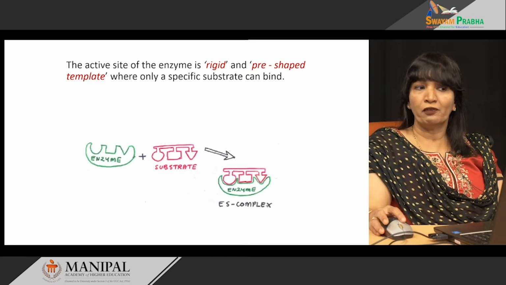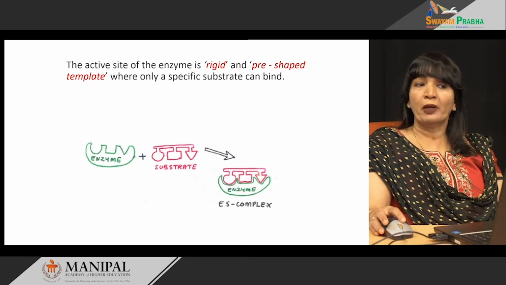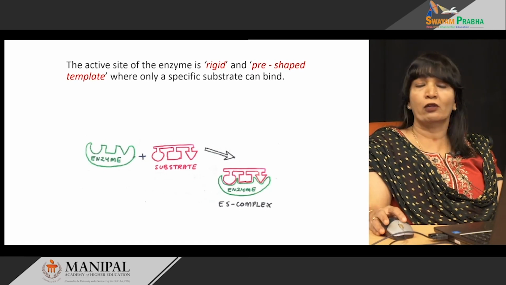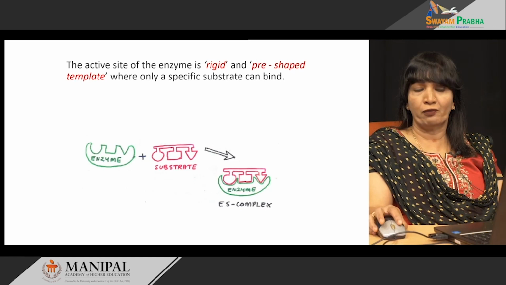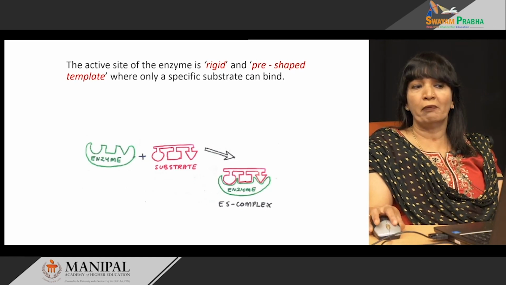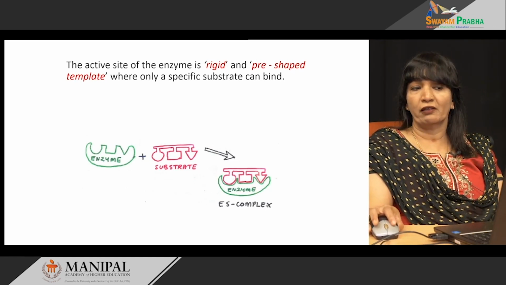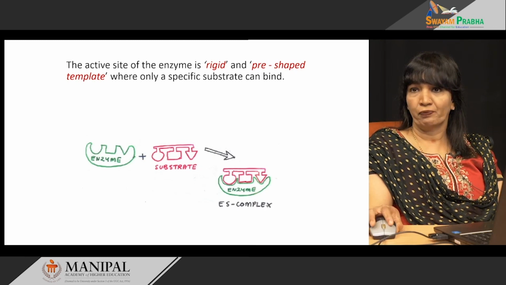So, the active site of the enzyme is so rigid, it will pick a substrate that exactly fits into it. Now, the substrate having the exact shape will directly come and bind into the active site, and there forms what is called an enzyme substrate complex. Okay?